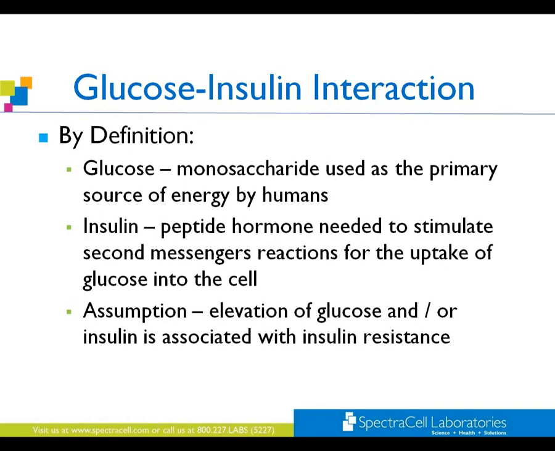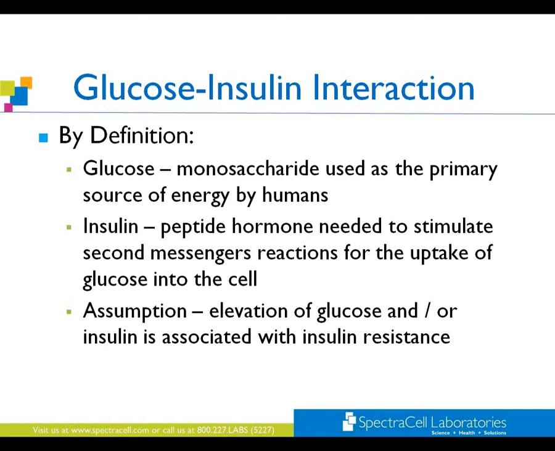Then we go on to insulin and we say, okay, insulin is a peptide hormone, and it's what's needed to stimulate the insulin receptor, to stimulate that second messenger system to tell the GLUT receptors to open up and take up the glucose. So we have this very extracellular thought process, if you will, on what the sensitivity of the insulin receptors is.